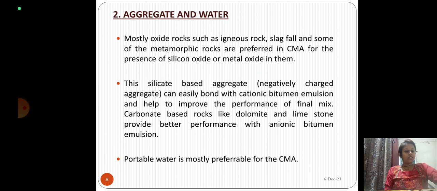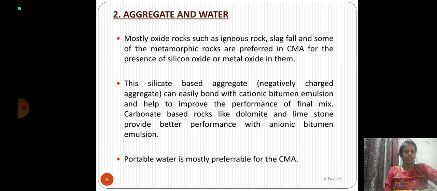The next component is aggregate. Mostly acidic rocks, which have high SiO2 in their composition, are used with cationic based bitumen emulsion. Mostly aggregates like igneous rocks, granite and some other metamorphic rocks are preferred in CMA with the cationic type of emulsion.